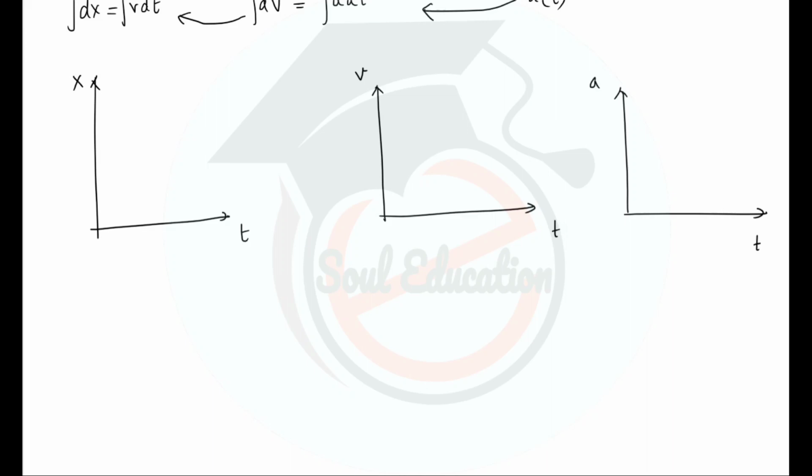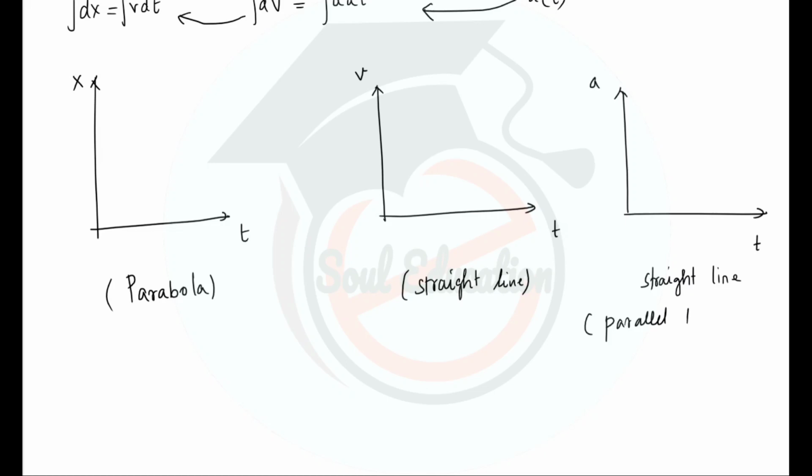See, understand this well. The conversion: when the xt graph is a parabola, the vt graph, which is the differential of the xt graph, is a straight line. If the vt graph is a straight line, my at graph will be a straight line parallel to the t axis, which means my acceleration is constant here.